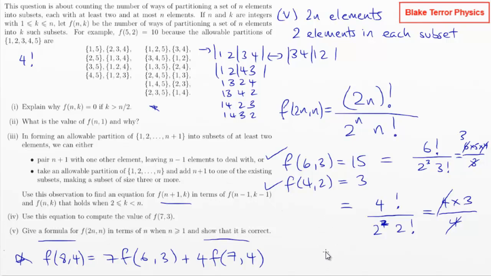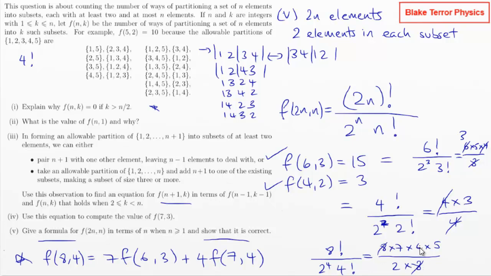So we'd have 8 factorial divided by 2 to the power of 4 and 4 factorial. So that will be 8 times 7 times 6 times 5 divided by 2 times 8.